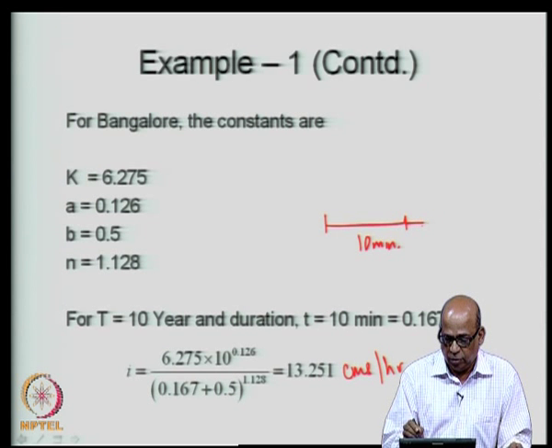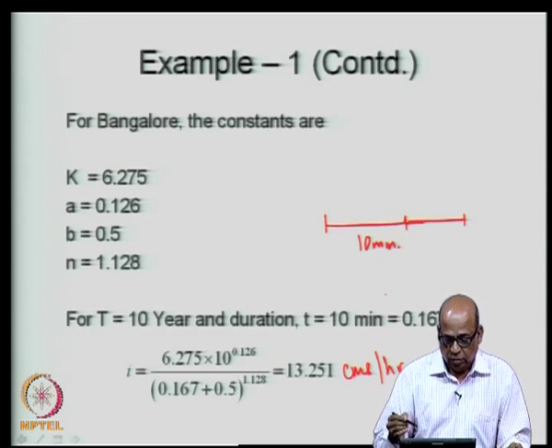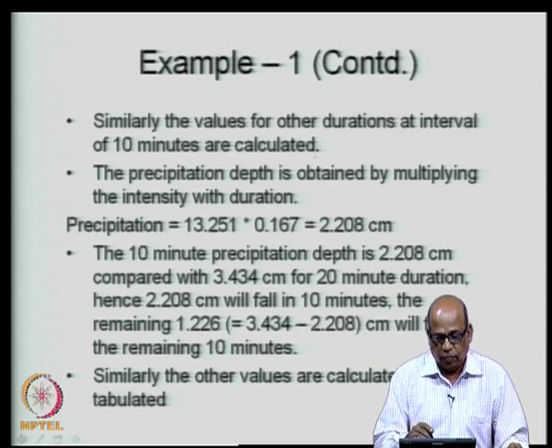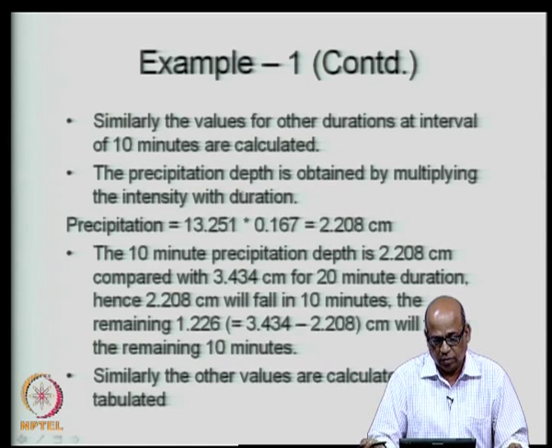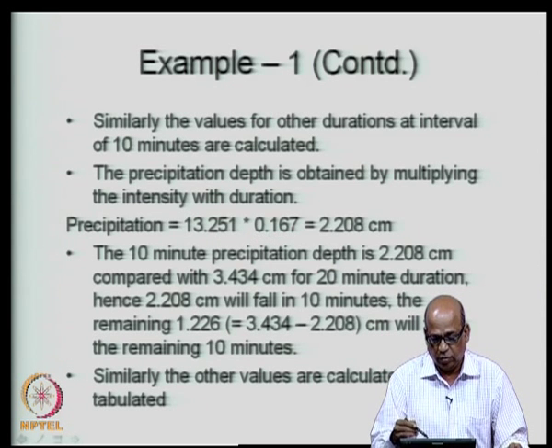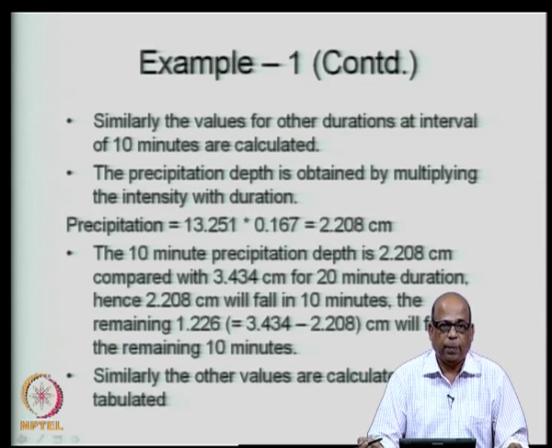Similarly, for 10 minutes to 20 minutes you again obtain the intensity and so on. So, at every interval of 10 minutes duration you calculate the precipitation intensities. Now, the precipitation depth is obtained by simply taking intensity into duration. So, 13.251 centimeters per hour multiplied by the 10-minute interval 0.167 hours, which is 2.208 centimeters.